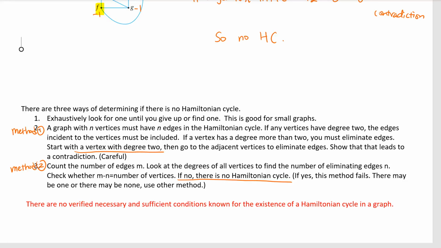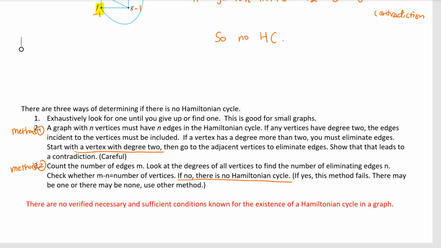So these are the 3 methods, okay? To show it has a Hamiltonian cycle, you just find it. And to show there is no Hamiltonian cycle, we introduce 2 methods. And remember, for Euler cycle, we can check the degrees of the vertices. If we have a vertex with odd degree, we know there is no Euler cycle.